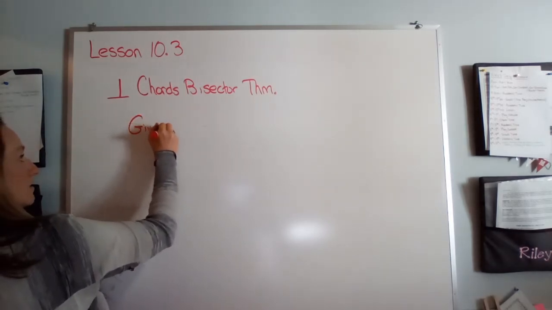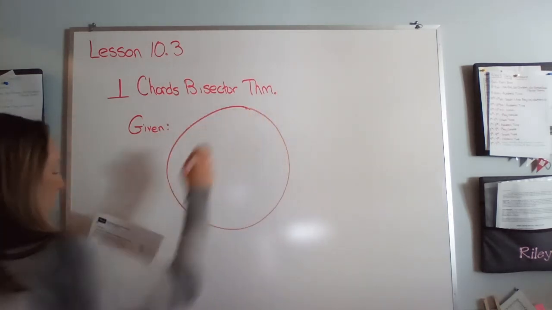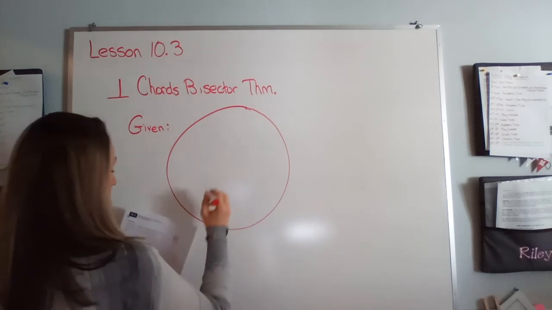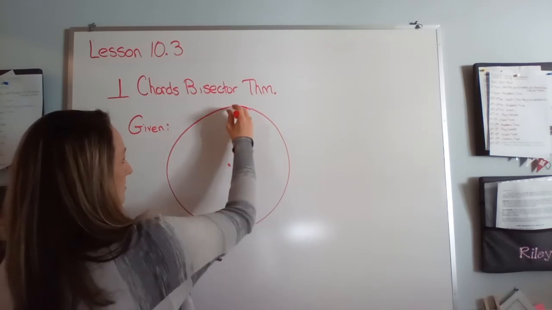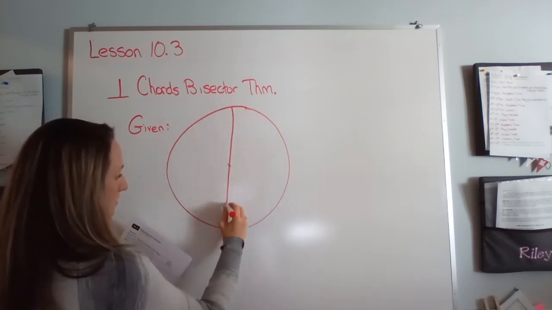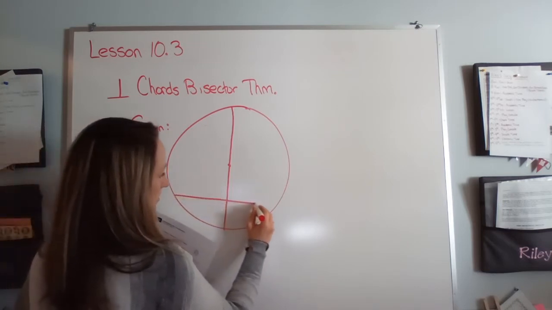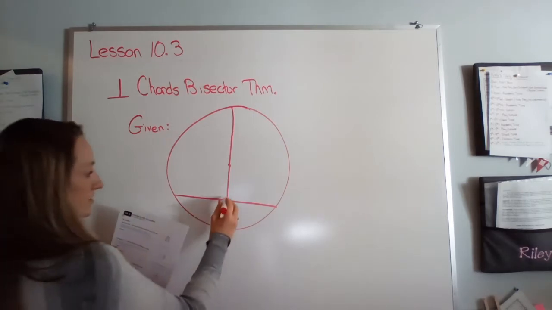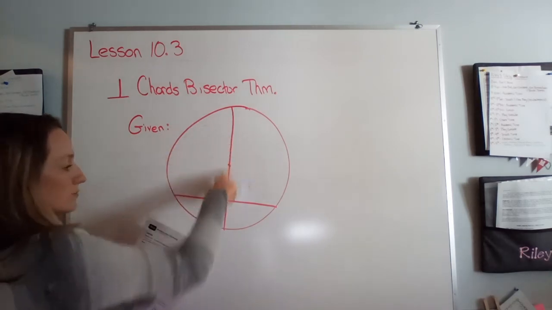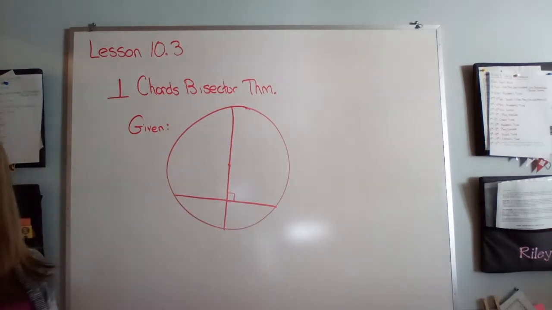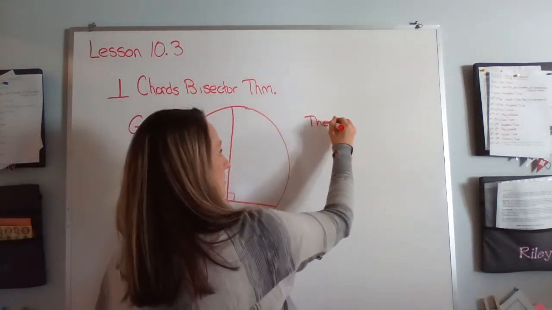If I'm given a diagram that looks like this, I have a circle, and I'll put my diameter first. And then I have a chord. It says, if the diameter of the circle is perpendicular to a chord, then what I'm allowed to conclude is the following.